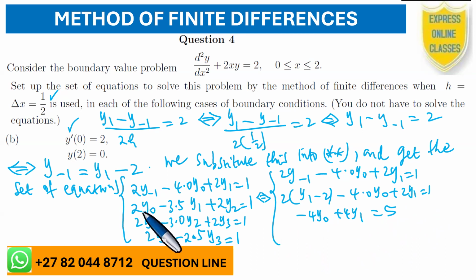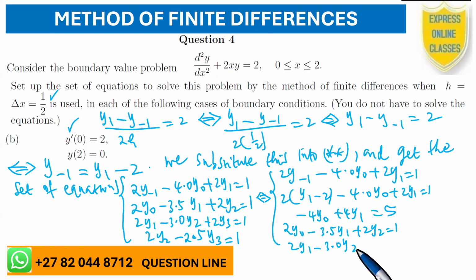The next one is going to be this one, 2y0 plus 2y2 equals 1. Then you have this plus 2y3 equals 1. Minus 2.5 y3 equals 1.